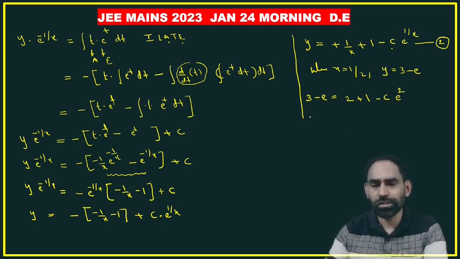Therefore 3 minus e equals to 2 plus 1, 3 minus c into e square. Here 3 gets cancelled. This implies minus e equals to minus c into e square.